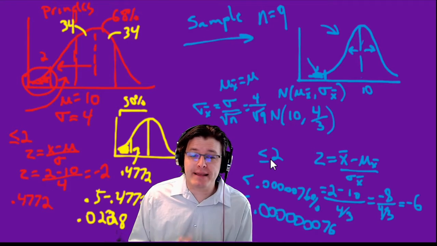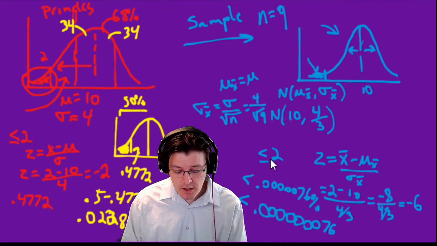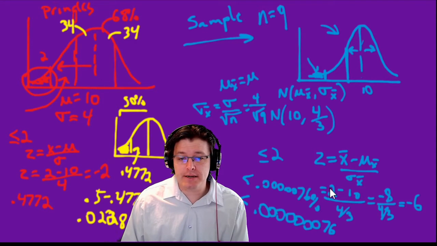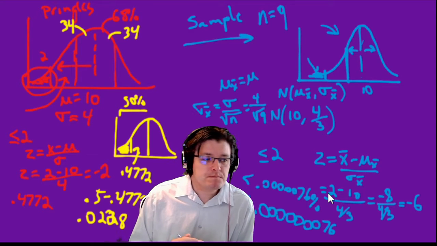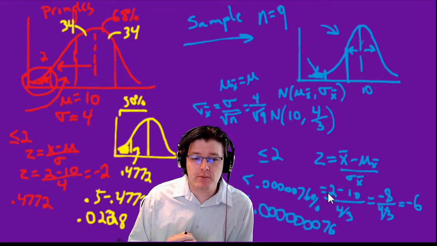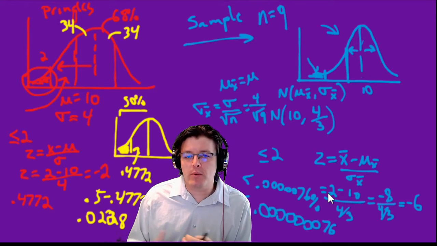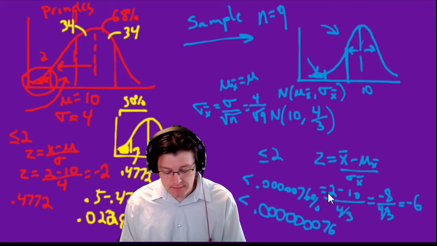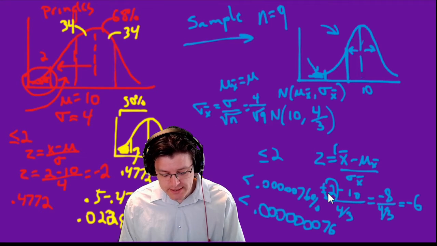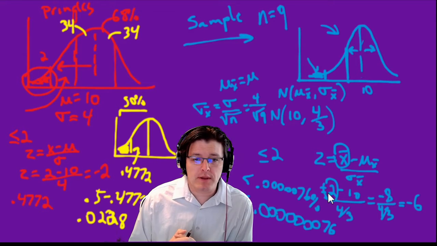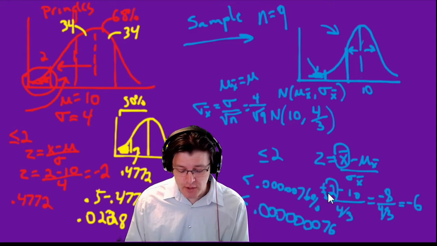Again, we could have picked anything. We can recrunch this and say, what about less than or equal to 8? And then we would plug in 8 here. Okay, so it's whatever we're interested in. Or we could say between 8 and 12. Right? This is us picking what window we're interested in. And so this 2 is the sample mean that we're choosing. We can recrunch this for any value.